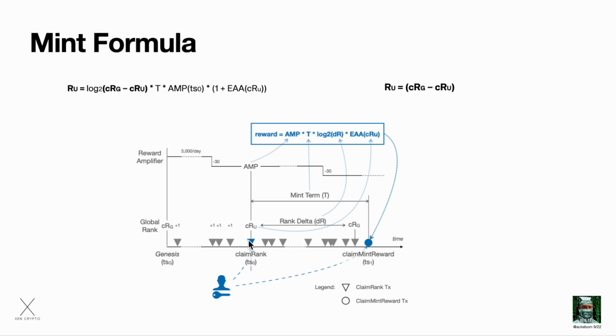So you claim your C rank, but then what happens? In between, many others also claim their C rank, right? Before it's time for your mint. And thus the global rank increases for everybody.